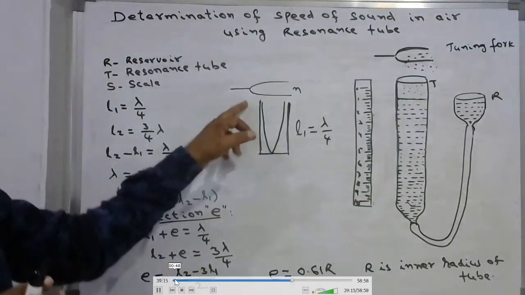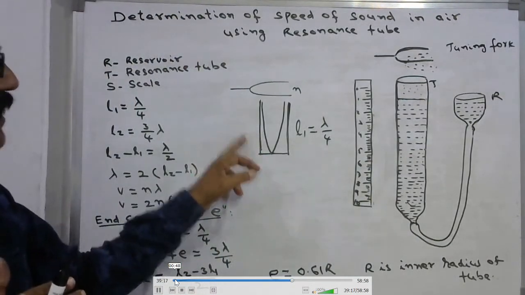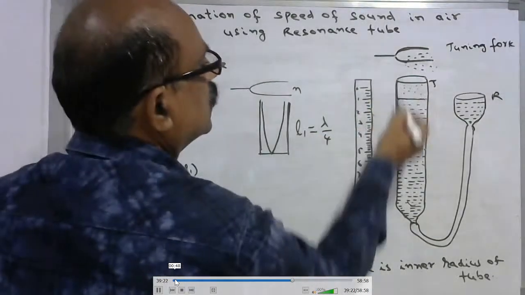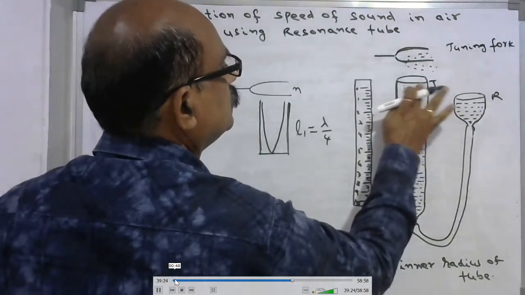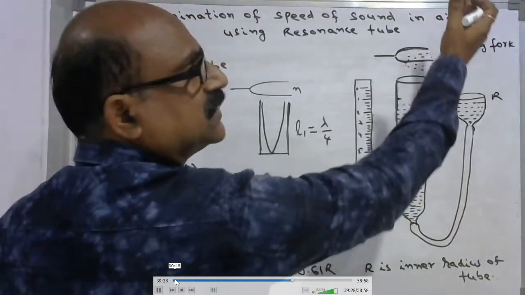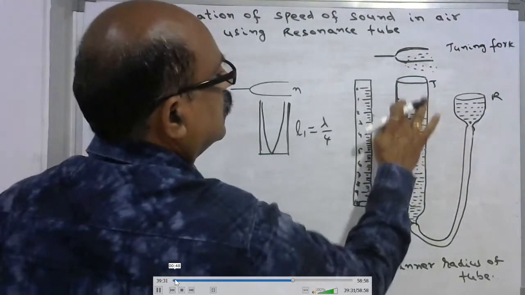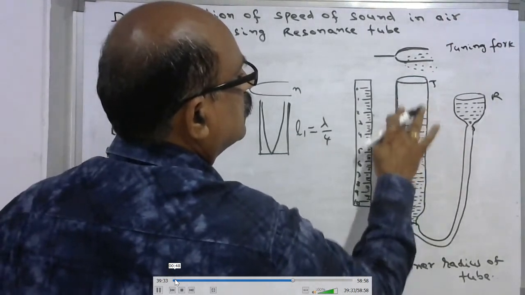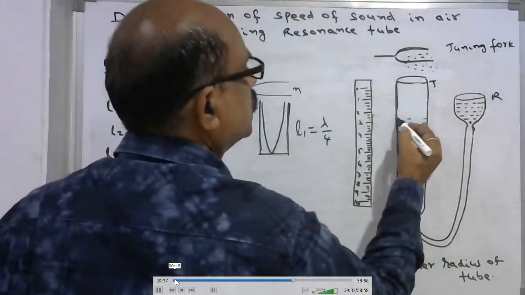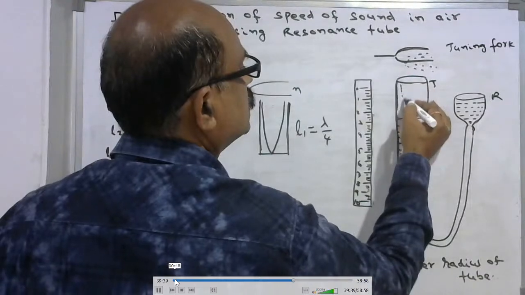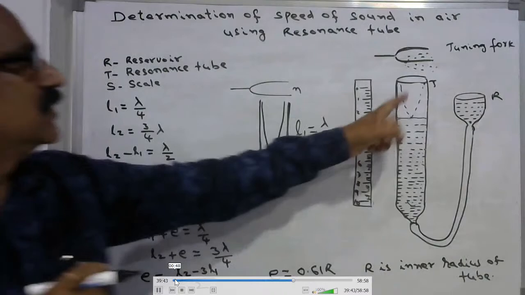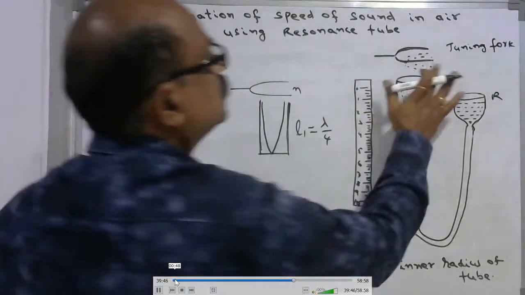So in the first resonance condition, we will get the length of the air column. The length of this air column can be measured by lowering or moving up the reservoir. You can change the liquid level in the resonance tube. At a particular stage, you will get the first mode of vibration, and it gives a loud sound.